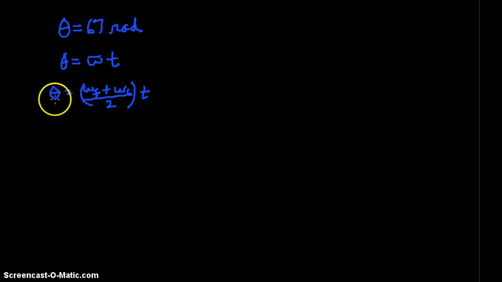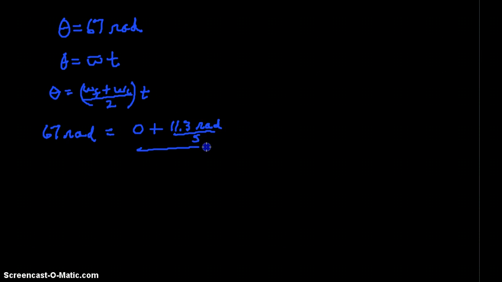So you know theta was 67 radians. The final was 0, and the initial was about 11 radians per second. So you can solve this for time. So you get the time is about 12.2 seconds.